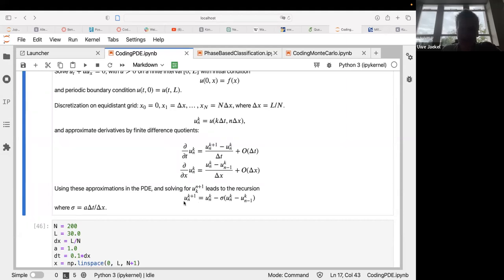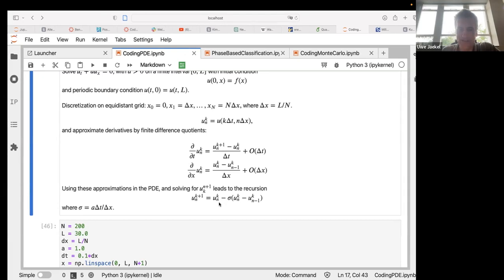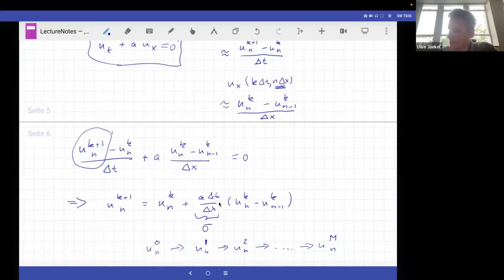So that means we can solve the PDE numerically by taking the initial condition and updating the function with, oh, okay, sorry, I see that I introduced the wrong sign. Yes, so we have an a here.